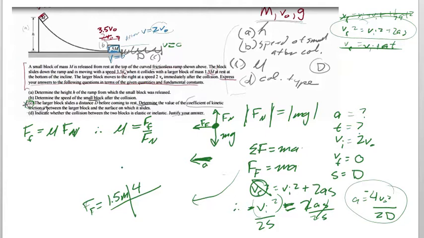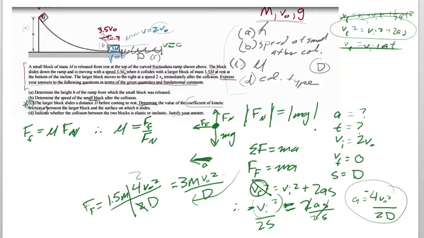I'm not going to worry so much about the negative, because we're just looking for the coefficient of friction. And I guess I could have canceled these out, so 2, 2. So this would equal 3 m v naught squared over d. I think that's right. So that's your force of friction.